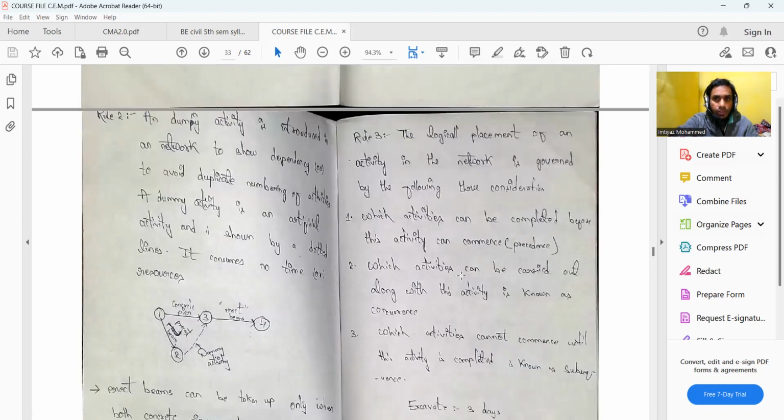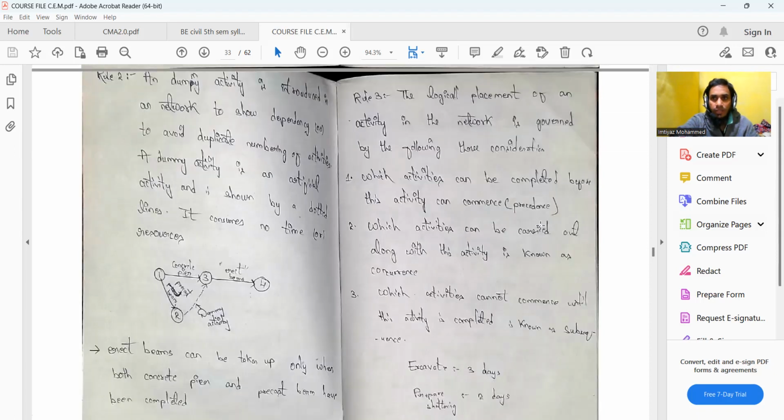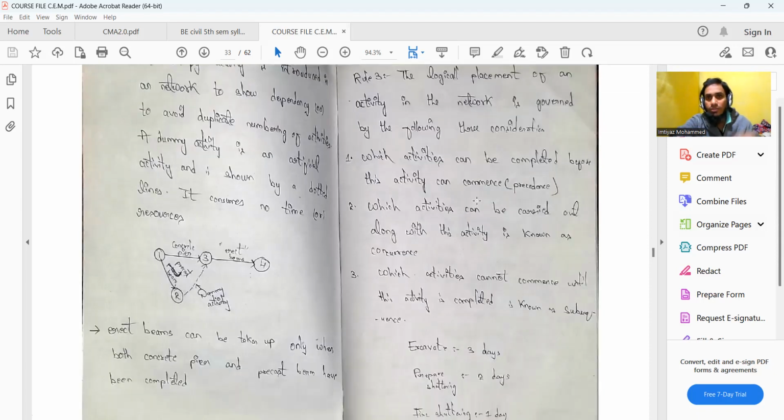Now we go to rule 3. Rule 3 states that the logical placement of an activity in the network is governed by three considerations. First, we need to know which activities must be completed before a particular activity can commence, and that is known as precedence. Second, which activities can be carried out along with this activity, and that is known as concurrence.